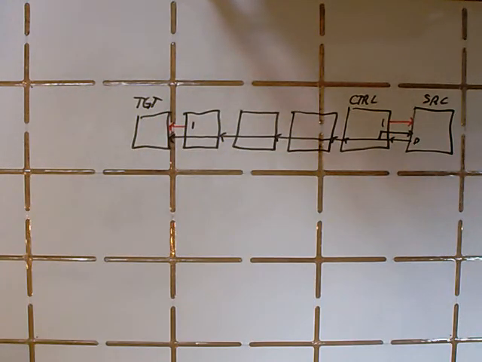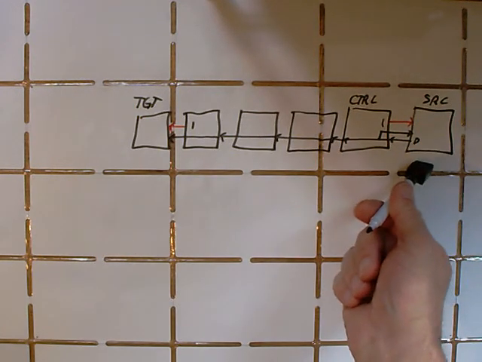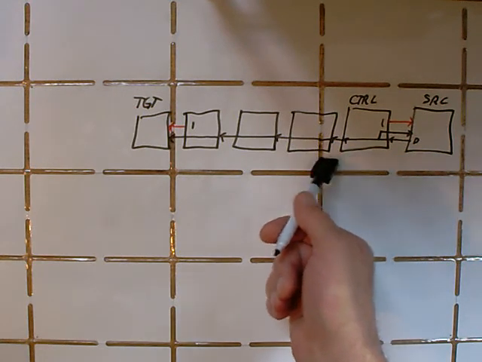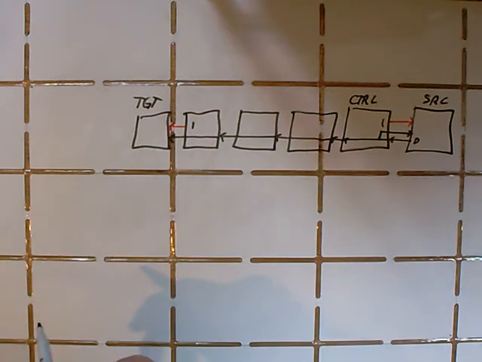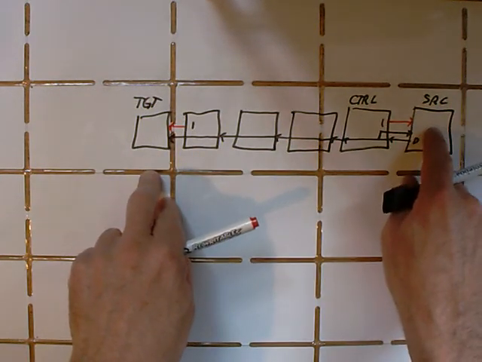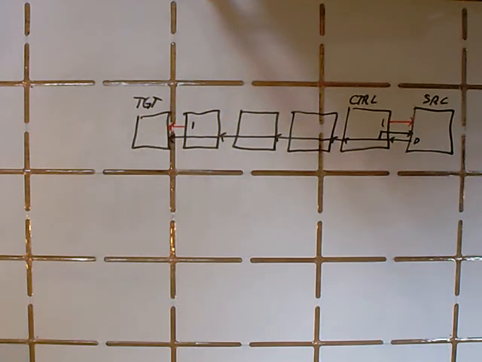We send a 1 into that cell's C input. The data lines carry the bits from the source cell's truth table through this controller all the way over to here and into the target. And so after 128 clock ticks, the controller will have read this cell's truth table non-destructively and sent it all the way over to the target, which is now an exact copy of the source cell.